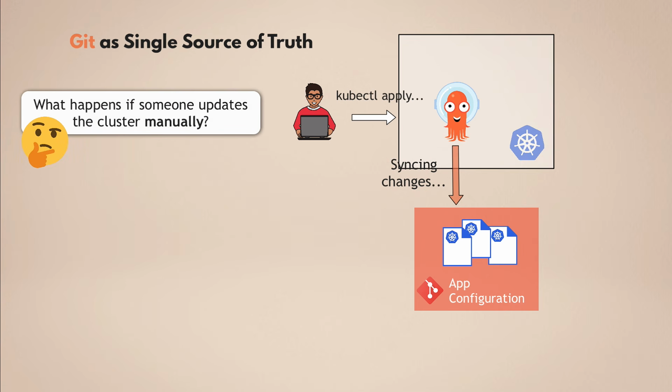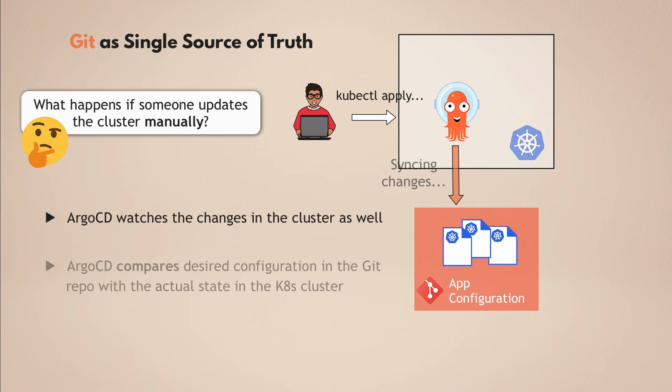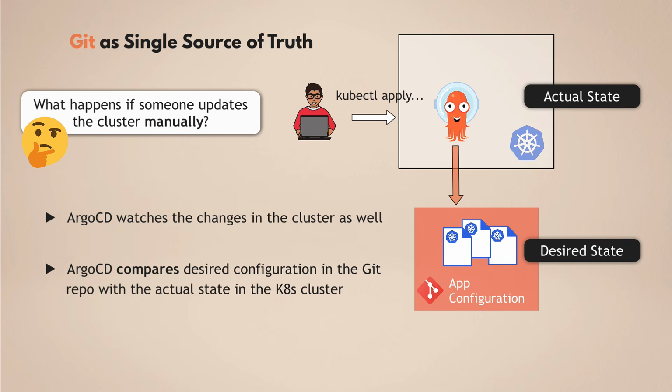So now what happens when people update the cluster manually in addition to having the configuration code defined in the Git repository? Well, ArgoCD does not only watch the changes in the Git repository, but it also watches the changes in the cluster. And anytime a change happens either in the Git repository or the cluster, it compares those two states.